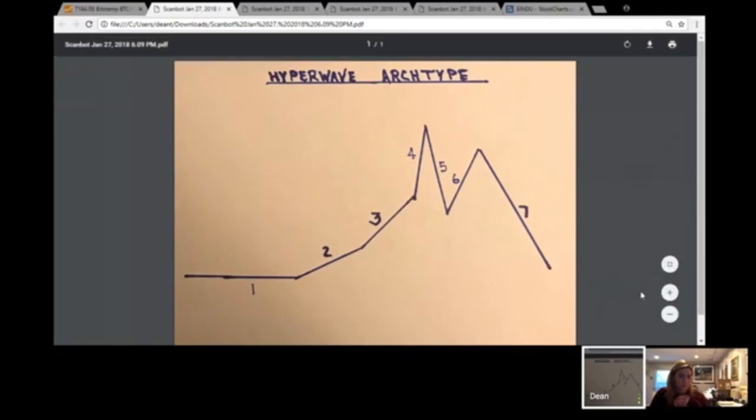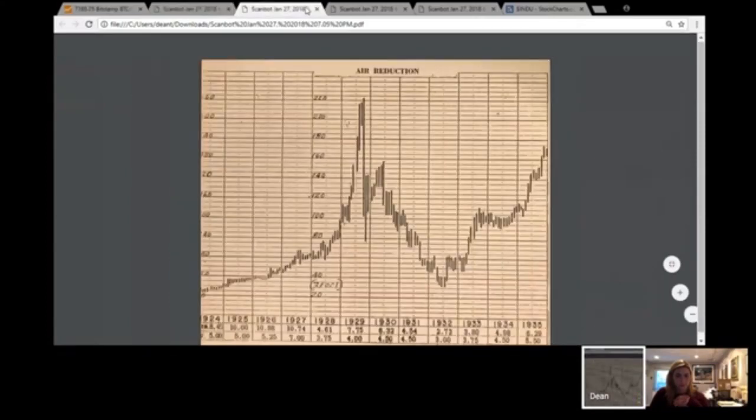There are many, many other ones, such as the NASDAQ market that we showed you before, from 1995 all the way through about 2009 before it started moving up again. But it is not impossible for a hyperwave, particularly very, very powerful ones, to regain their footing and begin another move.